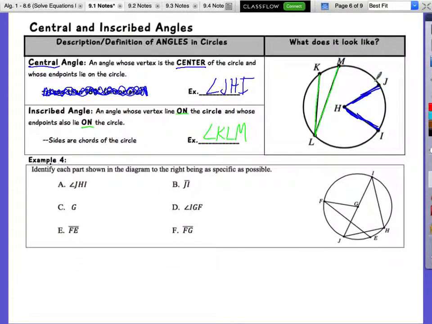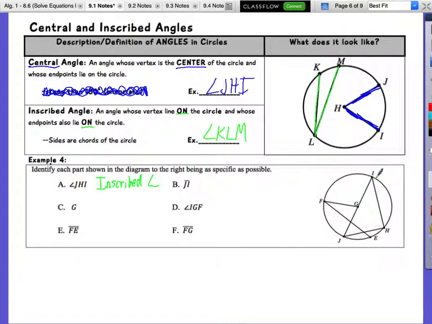Example 4. Identify each part shown in the diagram to the right as being as specific as possible. Angle JHI is what? The inscribed angle. Its endpoints and vertex are both on the circle. It's an inscribed angle. What would segment JI be?